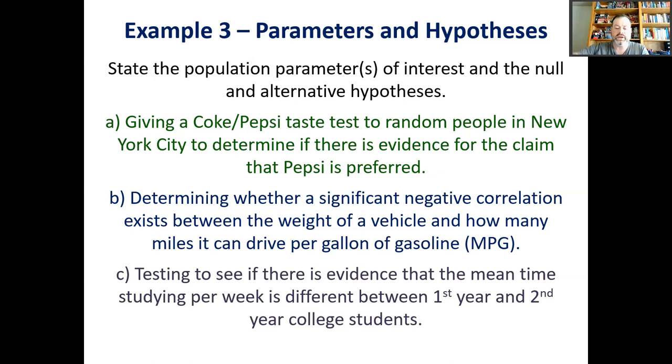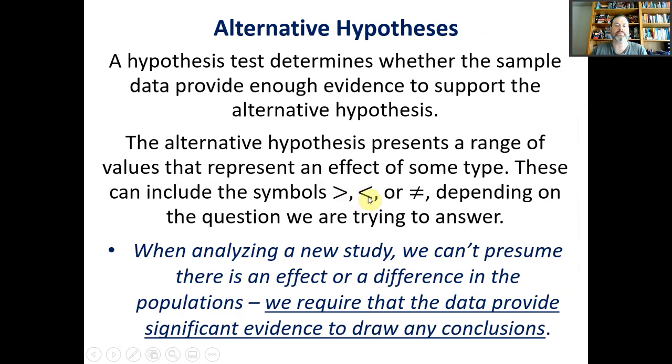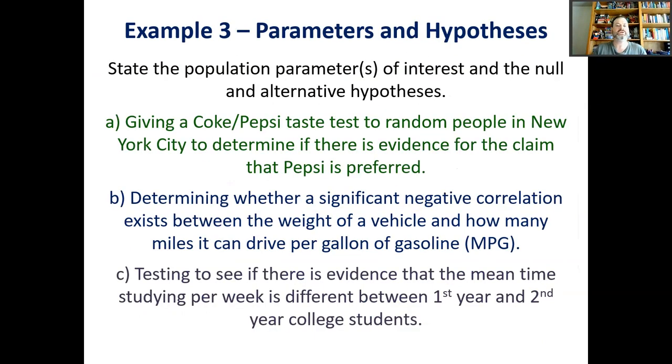So the only thing we need to be able to do, so let's go back and look at the chart a few slides back, is once we identify our parameter, choose the correct general form of the null hypothesis, and then select the proper symbol for the alternative hypothesis. All right, so what is the parameter for this problem? If you're not sure, then pause the video and think about it.